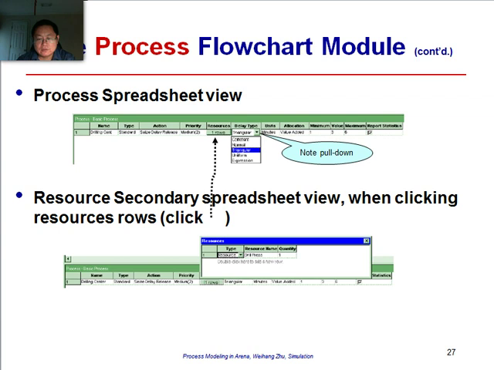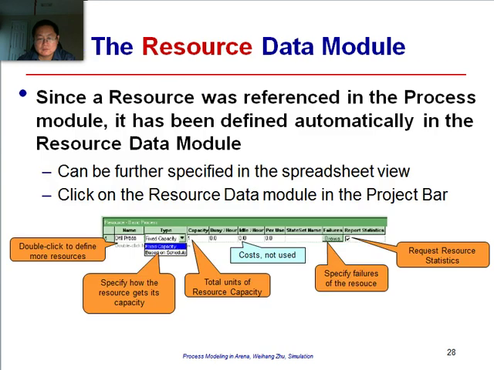If you click the resources icon in the basic process panel, you will see the resources as illustrated in the lower figure of this slide. The spreadsheet view for the resource gives us detailed information about resources. You may double-click the empty space to add more resources. It is just like adding a new row to a spreadsheet.